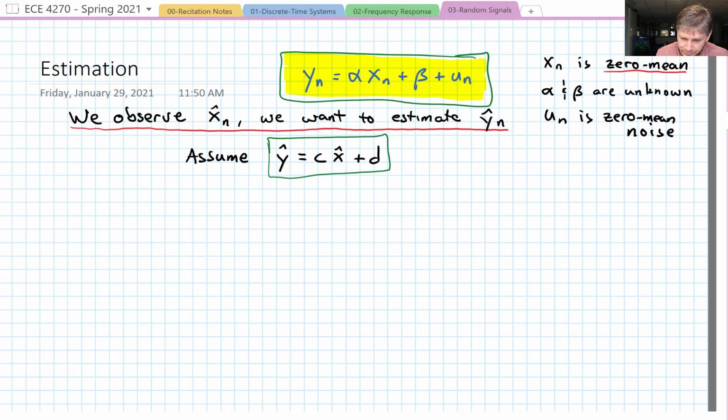So, step one, let's find beta. We'll be using this later on. This is pretty straightforward. We just take the expectation, and we're going to assume that we can actually find these expectations.